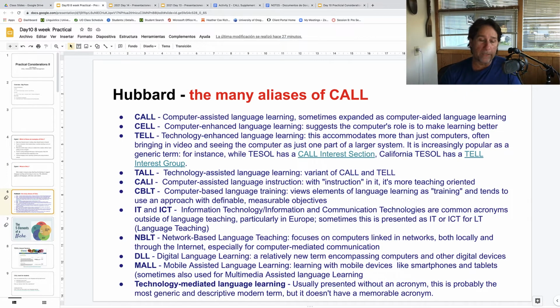One of the things about working in a professional field like language teaching is you get all kinds of acronyms like EFL, ESL, all these things we've been talking about, CLT, CLL. I mean, there's just tons of them. And it's no different with CAL. In fact, CAL has a lot of different names. Phil Hubbard talks about how sometimes it's called CAL or CEL or TEL, technology enhanced language learning, and you can go down this list, and it doesn't really matter.